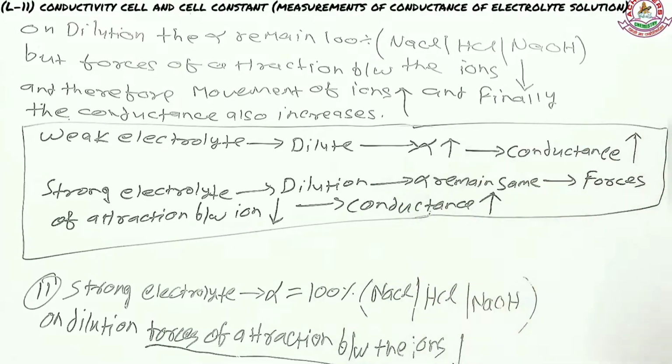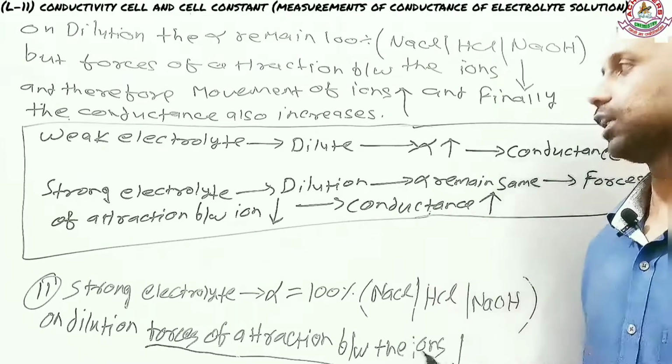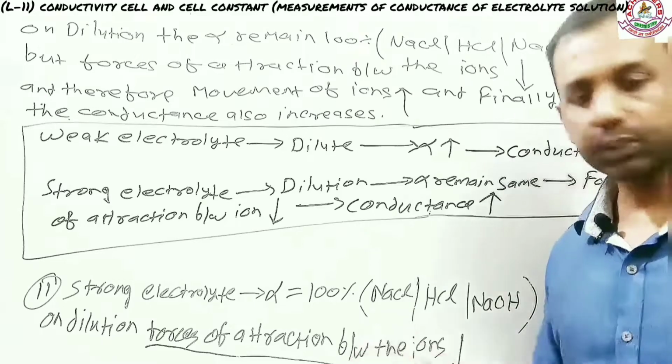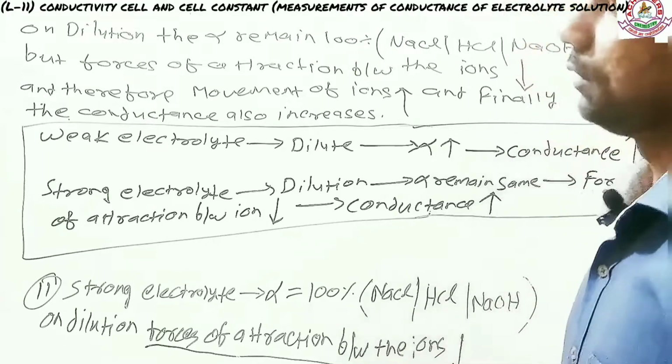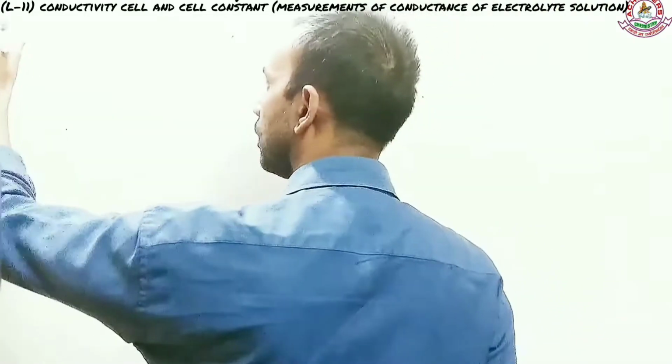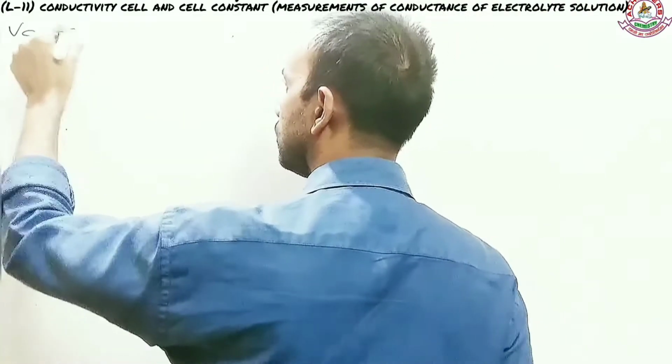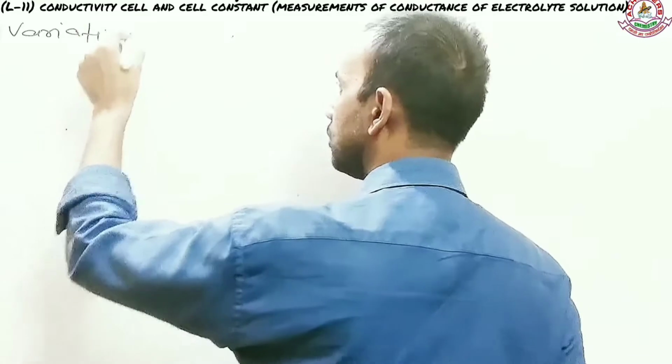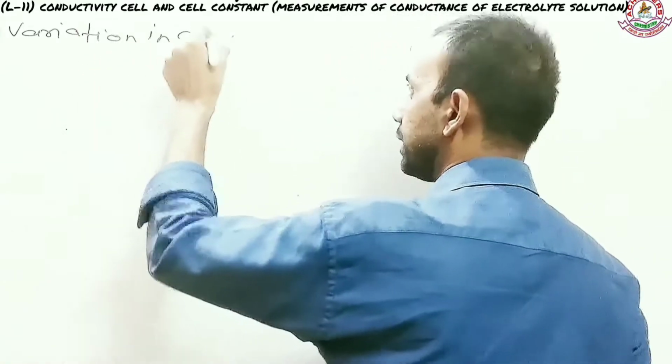So this is very, very important. In case anyone is interested in making a short explanation about this, this is going to help you out. So this is the effect on the conductance on dilution. Now let's look at variation in conductivity.